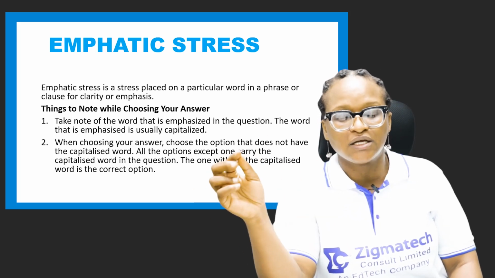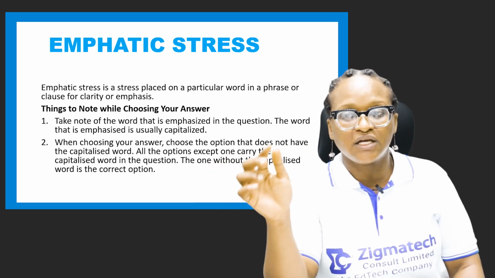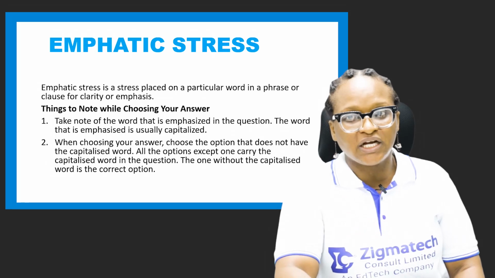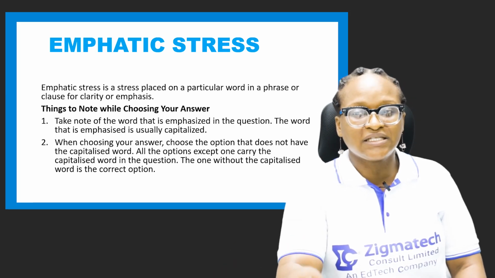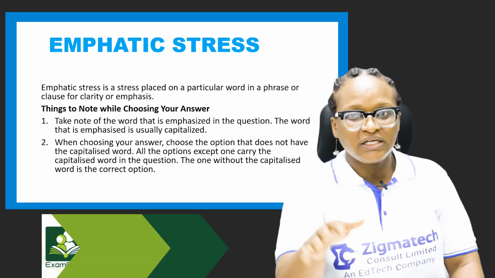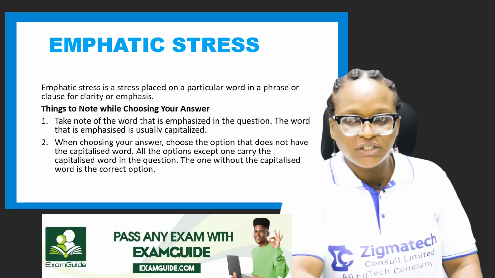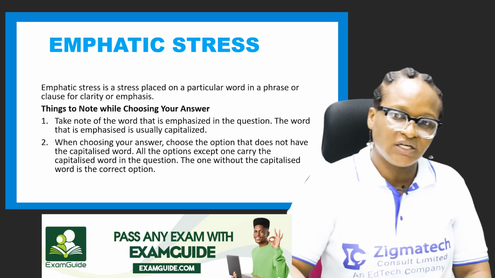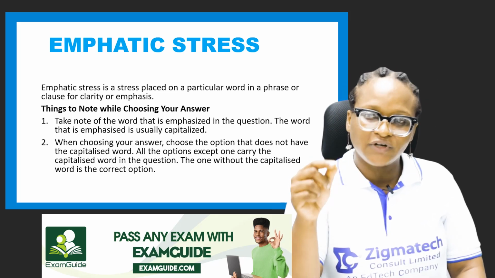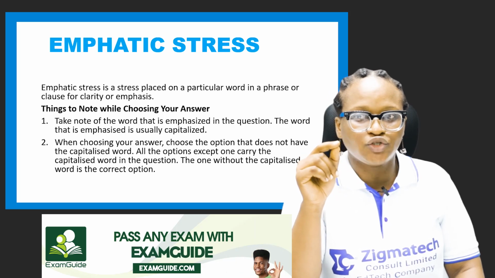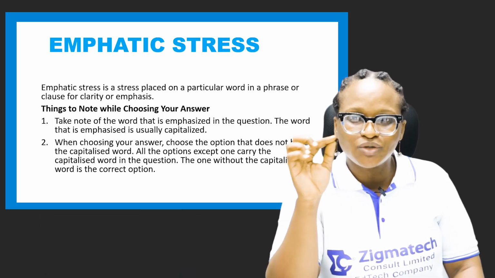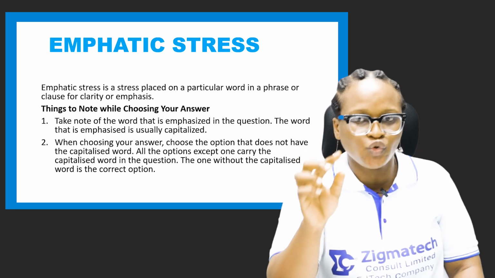Remember, it is a sentence, but in that very sentence, a particular word is written in capital letters all through. It is not a case of a particular syllable being capitalized. No, this is a case of the word being capitalized in a sentence. So look out for that very word that is capitalized. Then when choosing your answer, choose the option that does not have the capitalized word.